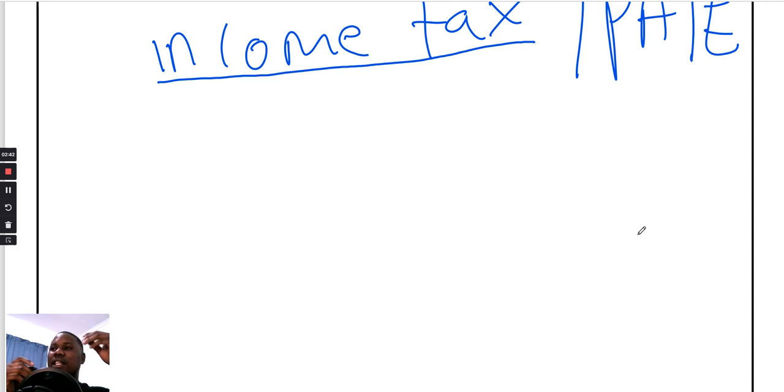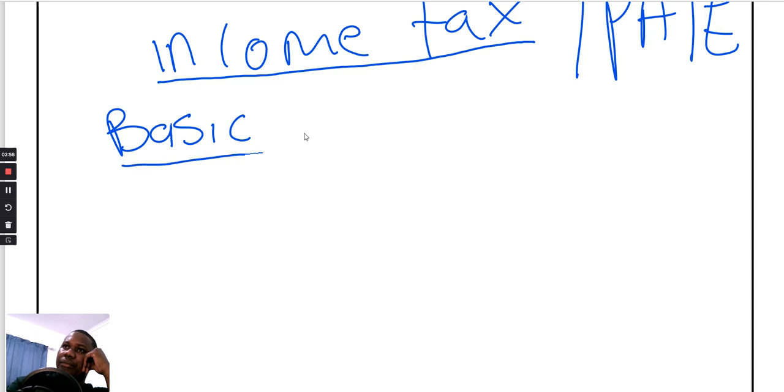The first thing that you must determine, calculate or identify is what we call the basic income, or someone can say the basic salary.